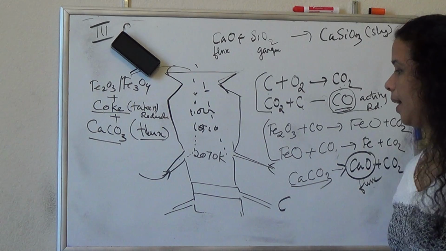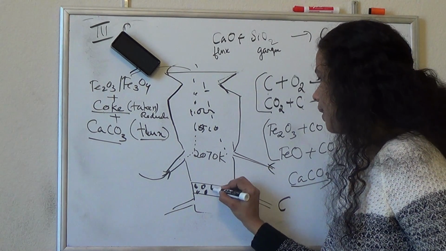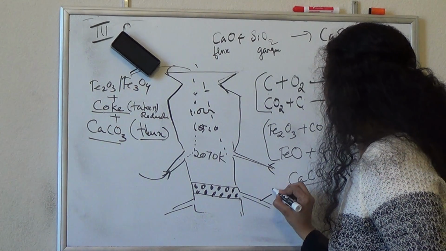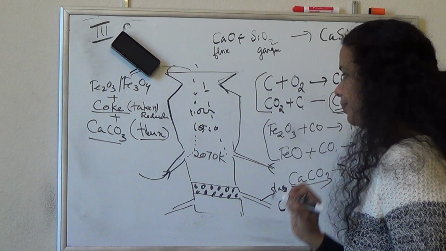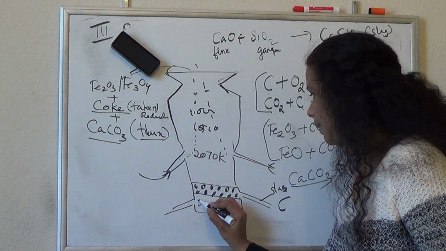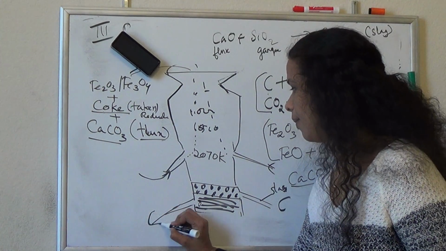It has a low melting point, so it is easily deposited on this side and we can remove it from this valve. Then the metal formed is deposited below because of its high density, and we can remove it from there.